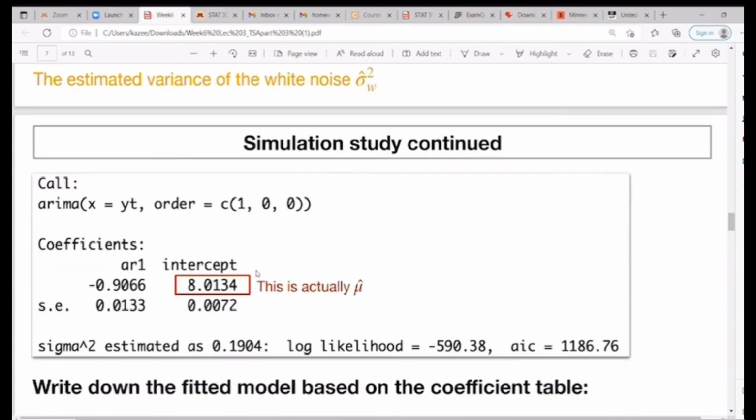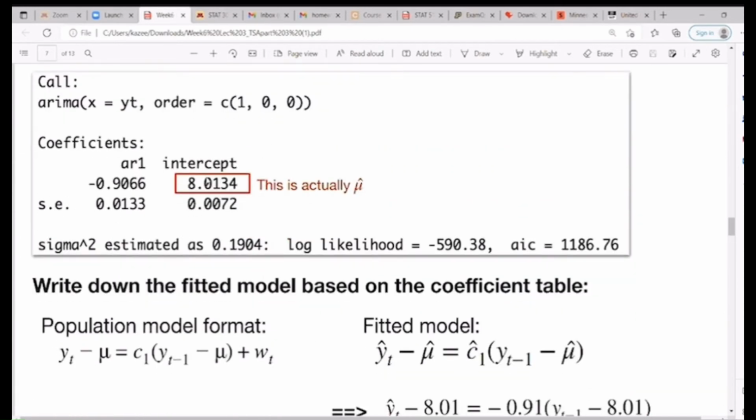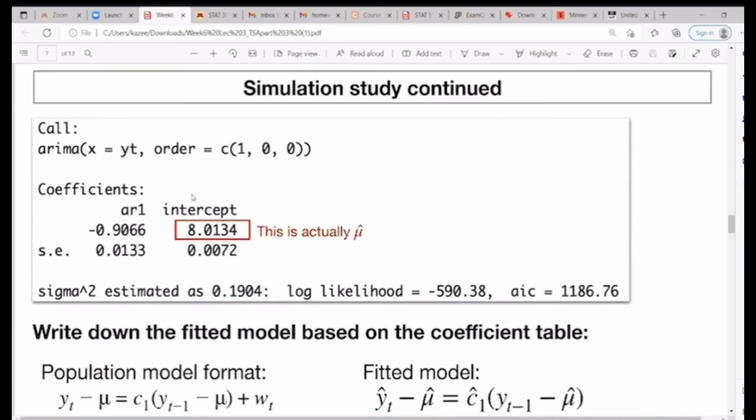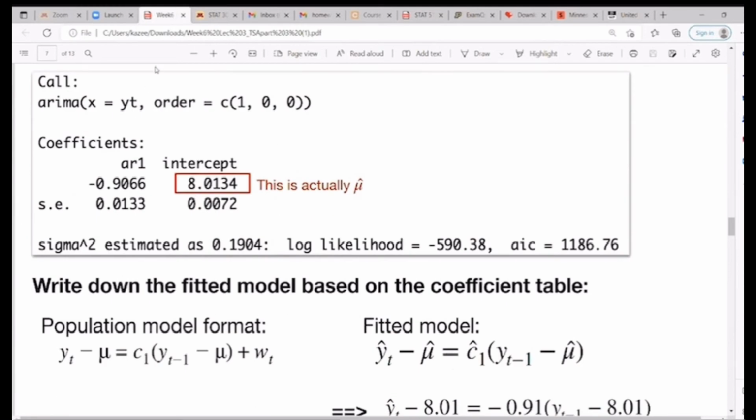Now, this is what I was trying to say. I said this is mu cap, the estimate of the mean, and this is C1. Now, if you have an output like this in R, and I say, write down the fitted AR1 model, this is the formula, right?